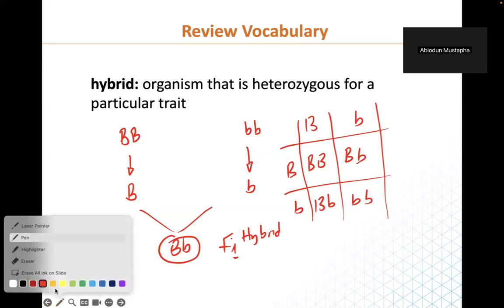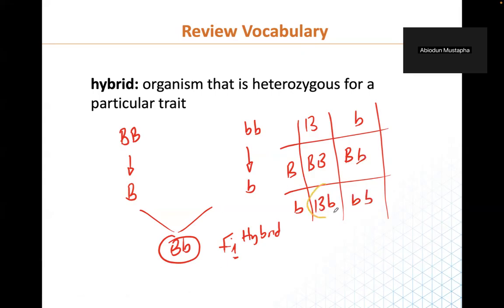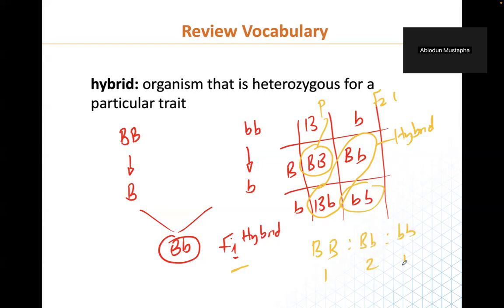So we still have 2 which are hybrid. The other two are called parent alleles. This is going to be the F2 generation. So the F1 generation hybrid is this, and this is the F2 generation, which is going to have a ratio of 2 to 1.